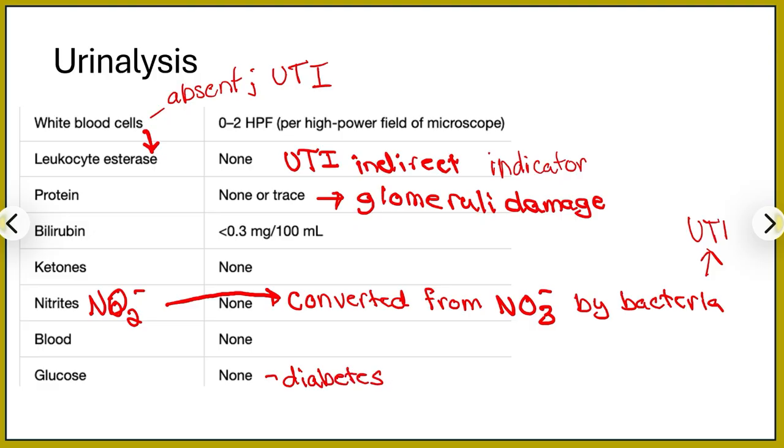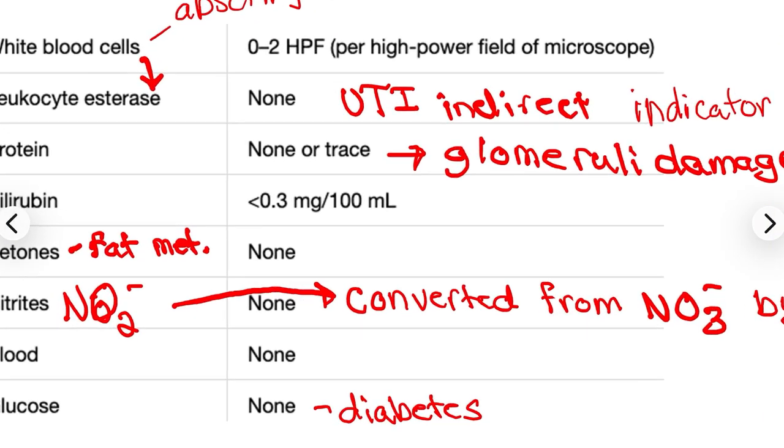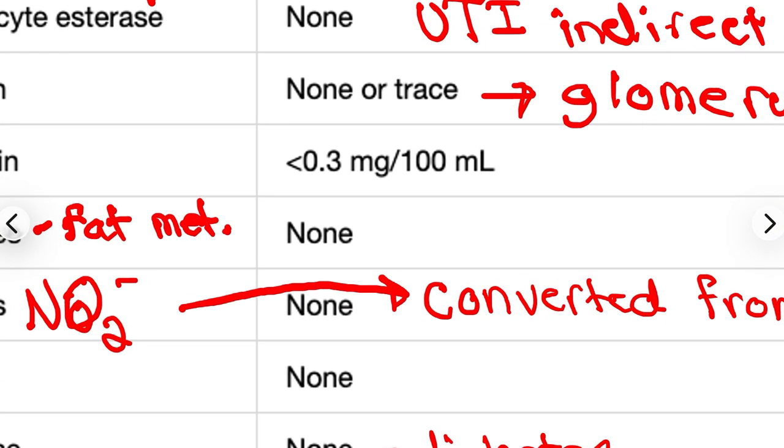Ketones, so these are a product of fat metabolism. If ketones are present, that generally means that your body is relying on fat metabolism more than normal, which is generally indicative of a problem with carbohydrates.